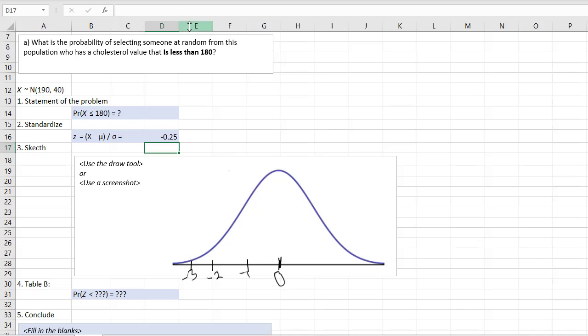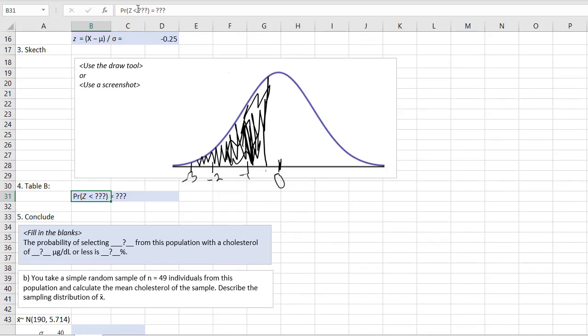All right, so we looked this up visually. What this would look like is about right here, maybe. And this is what we were looking for. So what is the probability of finding someone that has a cholesterol of less than 180? Just one person, okay? And when we look up in the back of the book, we do table B. The question marks are going to be negative 0.25.